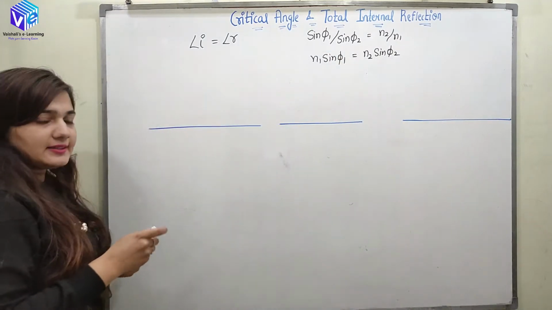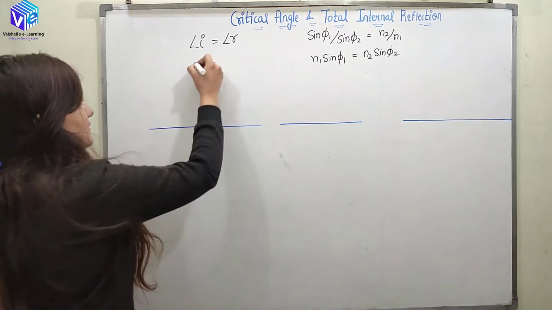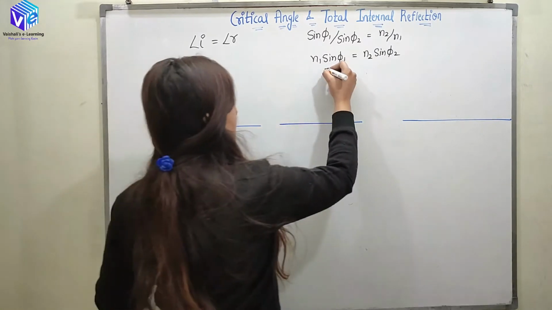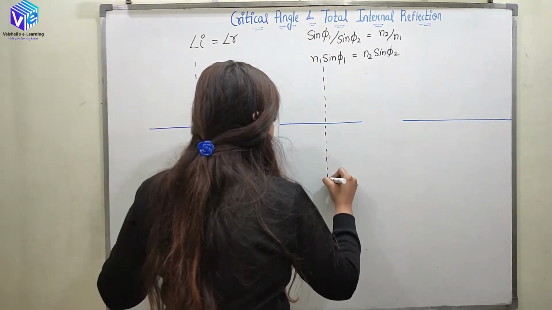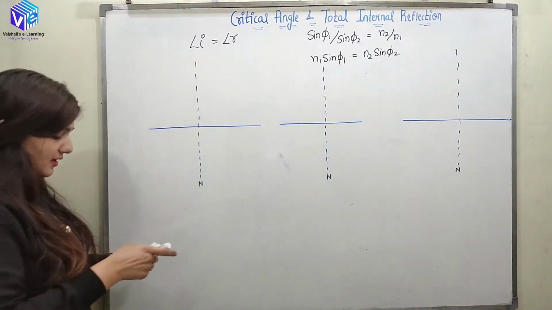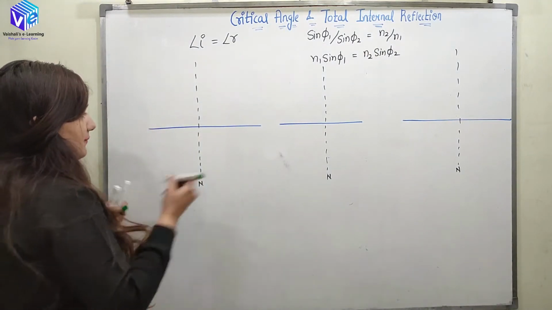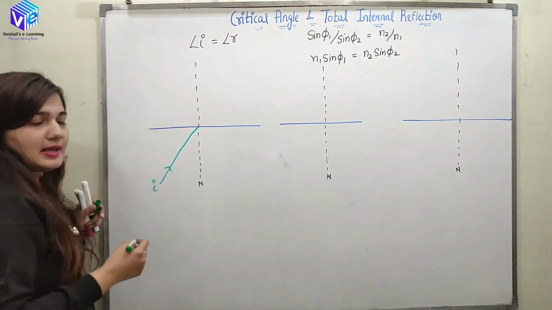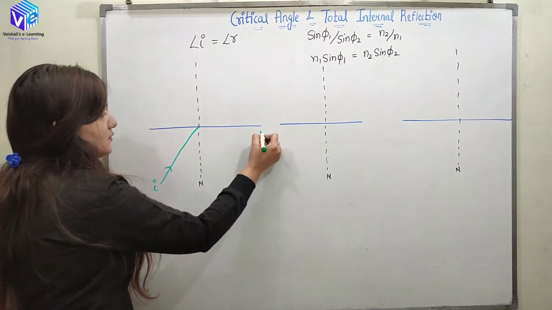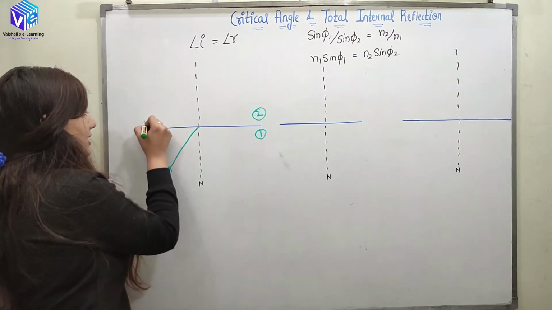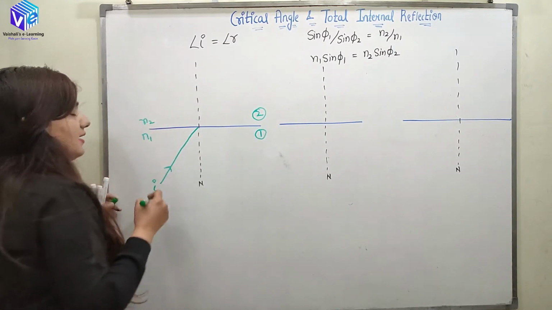Okay, so let's take three scenarios. This is the first scenario. Here we have an incident ray, this is my incident ray I. This is my first material, this is my second material, this is my n1, this is my n2.